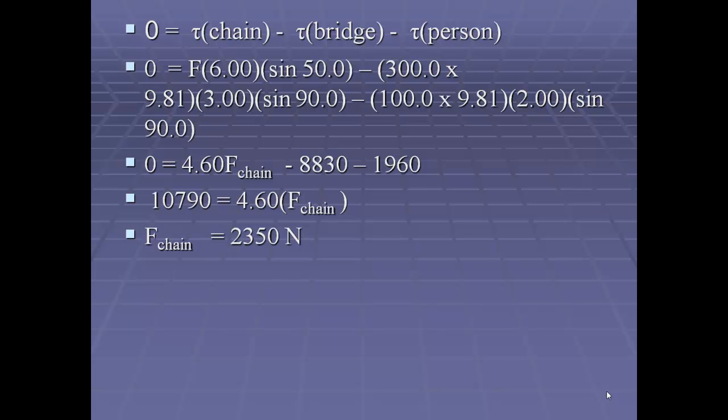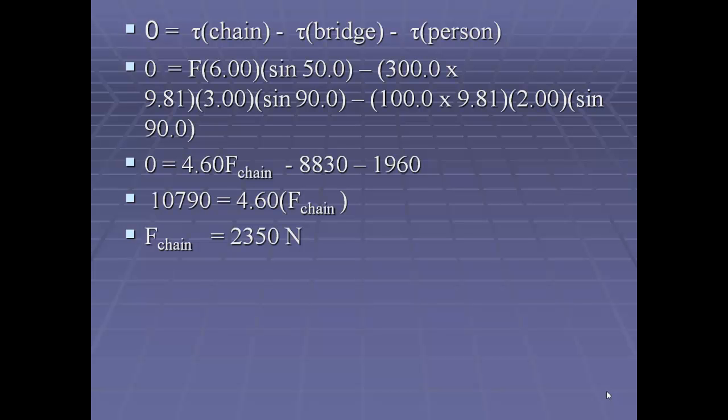So we enter our values for what we know. The chain will have a lever arm of 6 meters since it's attached at the end of the drawbridge, and the other end of the drawbridge is the point around which it will pivot. We'll use the sine of 50 degrees since it makes a 50-degree angle with the drawbridge itself.